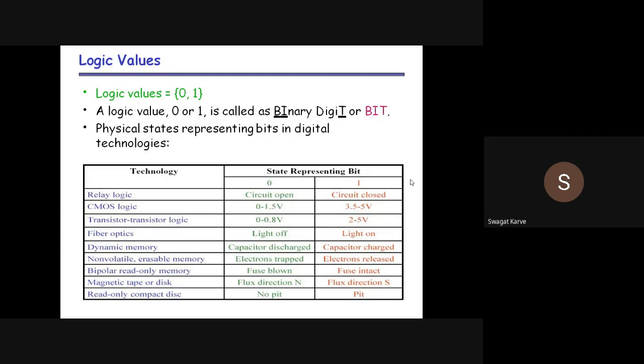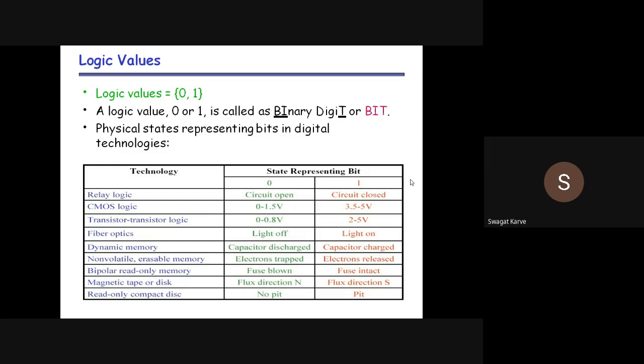Now, in case of CMOS, basically logic 0 is between 0 to 1.5 volt, right? It can be any value between 0 to 1.5 volt. That is the logic 0 in case of CMOS logic. Now, what is logic 1 in case of CMOS logic?